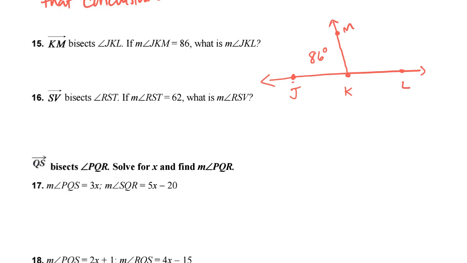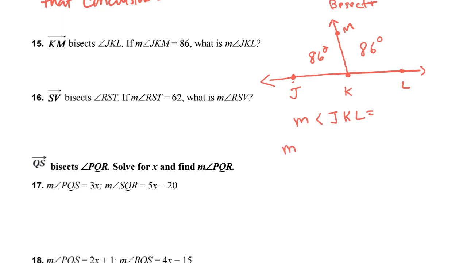Now, this is not a linear pair. Don't think it's going to be the sum of the angles, 180. This is telling me that this is a bisector. This is 86 degrees. So therefore, if this is a bisector, then it's going to be bisecting the angle into two congruent parts. So this is 86 degrees, then therefore this is 86 degrees. Now it's asking what is the measurement of angle JKL? Well, all you have to do is add these two smaller measurements.